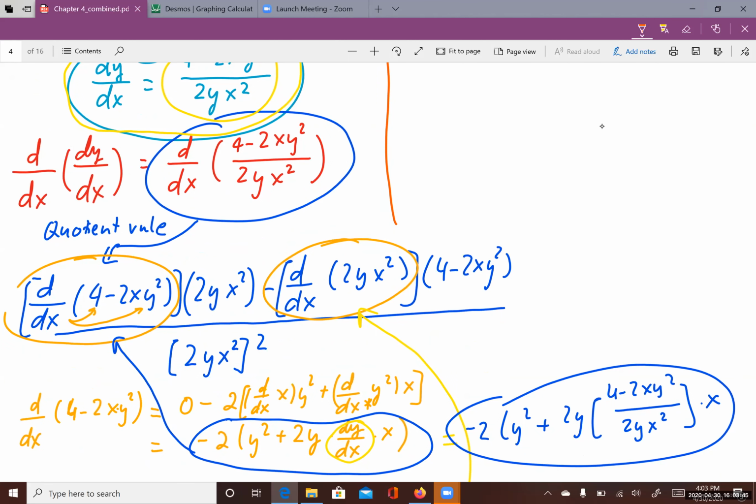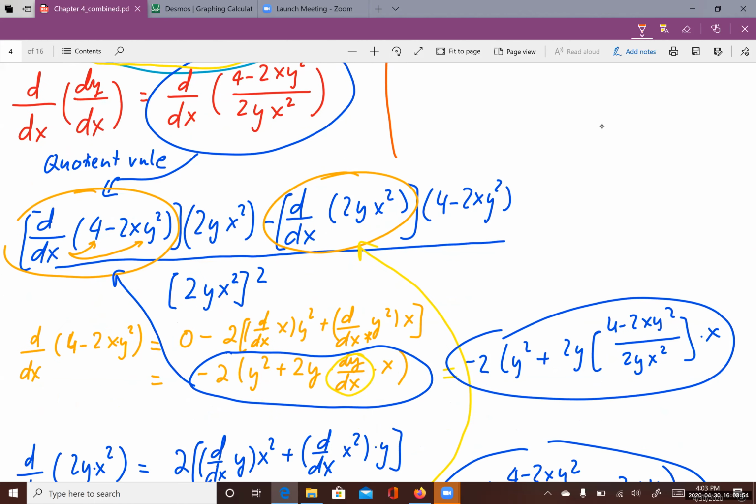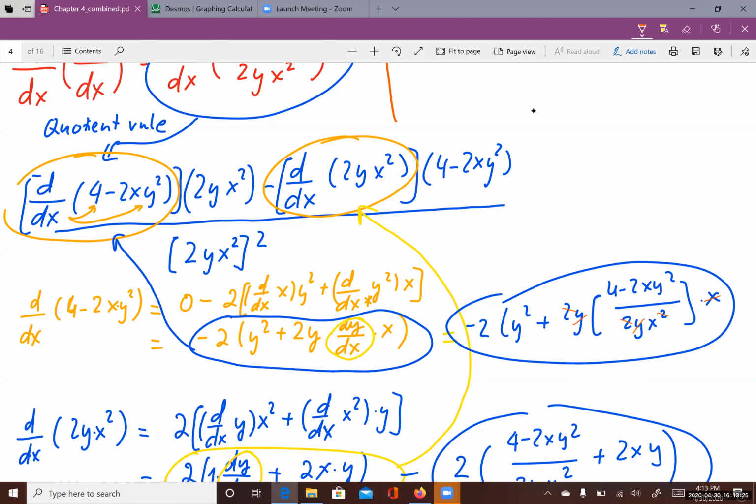Let's rewrite this. At this point, I have negative 2y squared plus. So I'm going to bring this up here and this up here. And if we look at this expression here, we can try to simplify x, right?